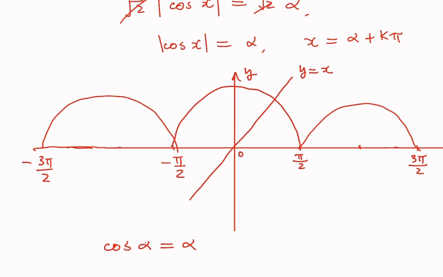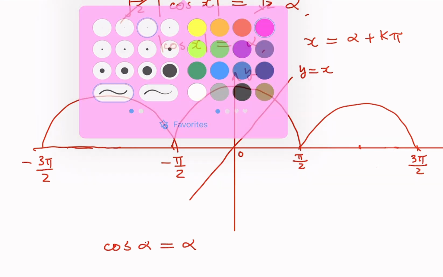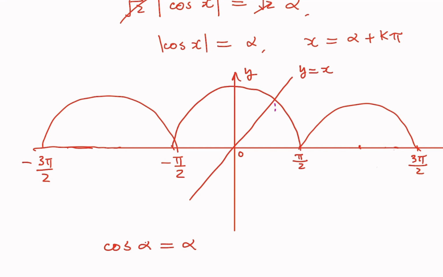All right, so in other words, we have found a solution here. Once we find one, then we can find others by adding multiples of pi. So if you add pi, somewhere here is going to be pi plus alpha, and somewhere here is going to be negative pi plus alpha.